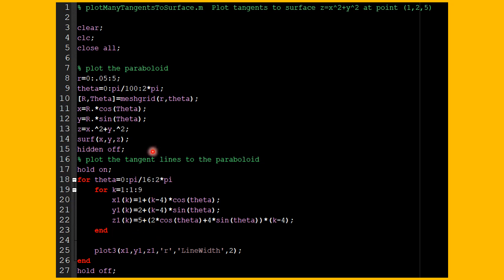The hold is on right here, so when we plot the second tangent line, the first tangent line stays on the screen, and after all 32 of these tangent lines to that surface at 1, 2, 5 are plotted, we get out of the loop, we turn the hold off because we don't need it anymore, and then we can view the graph as we wish.